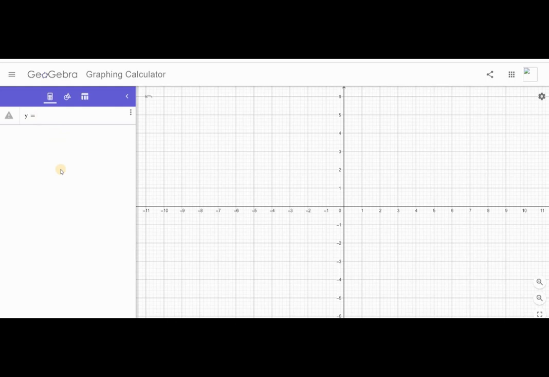y equals 2x cubed. Now, to make the cubed, I hit the exponent key on my keyboard by hitting Shift and then 6. You can see my cursor is in the position to type in the exponent of the x, so that's 3.